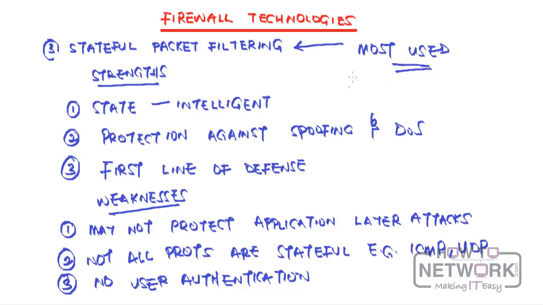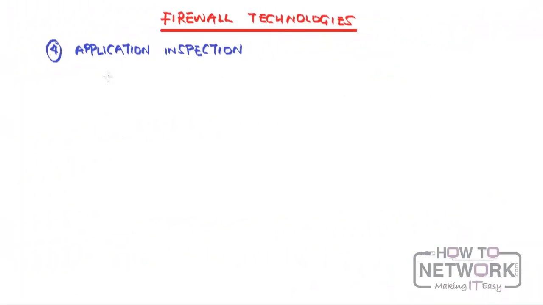As we'll see, it can also be used with the application inspection. The final firewall technology that we're going to talk about is the application inspection. Stateful packet filtering firewalls can implement application inspections so as to see into the application layer information. Now these are similar to proxy servers because they operate at layer 7, thus they can see into layer 7, but unlike the proxy servers, they do not initiate and terminate connections for users.